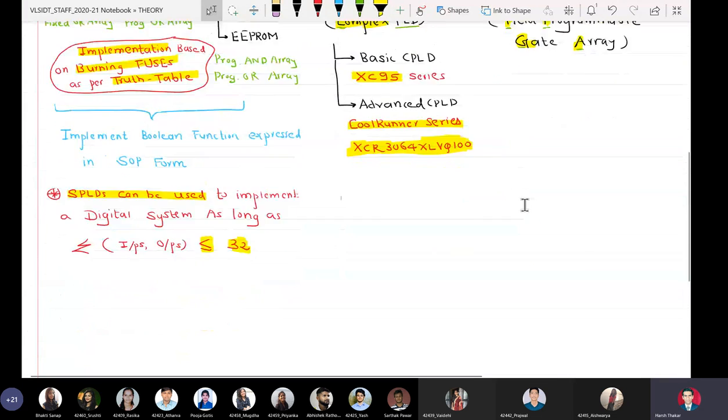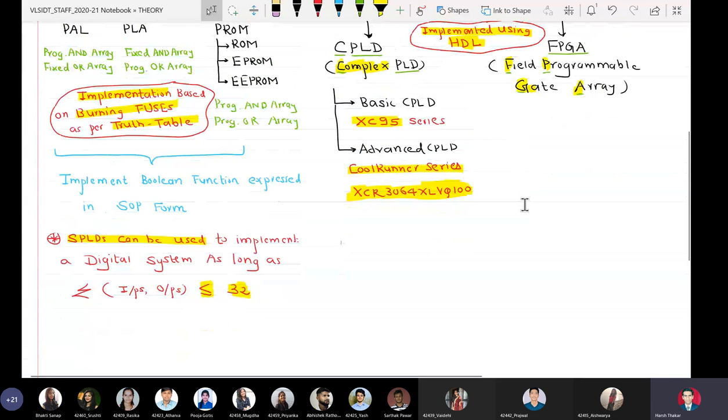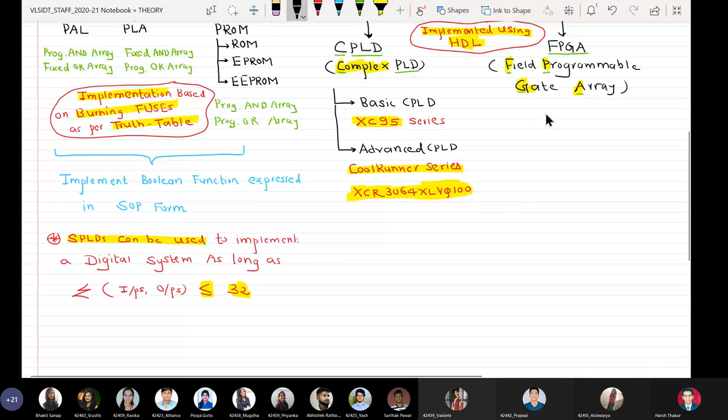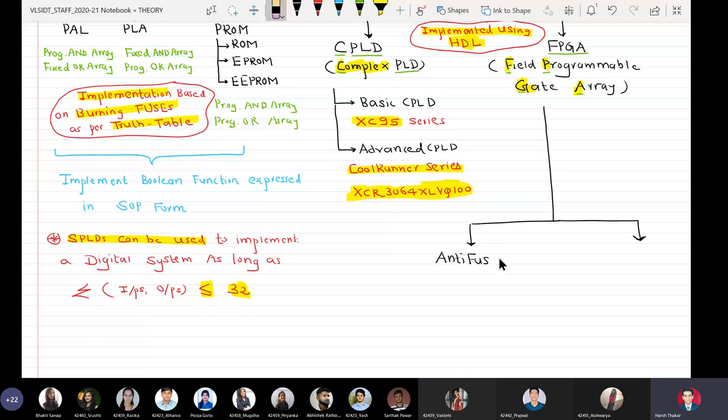Okay. Similarly, now if you go down, field programmable gate arrays are also classified as follows. It is called anti-fuse type, and we have SRAM based.